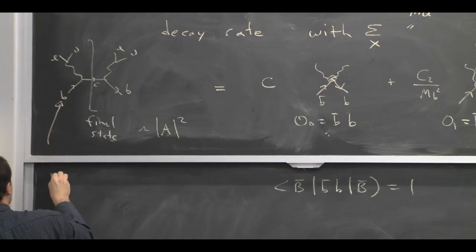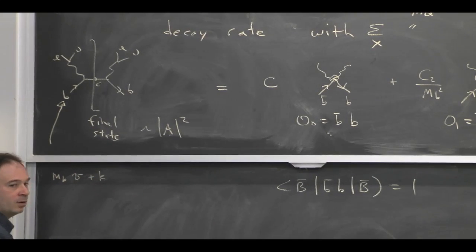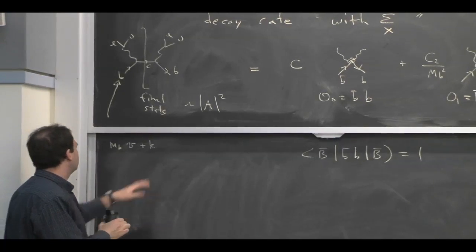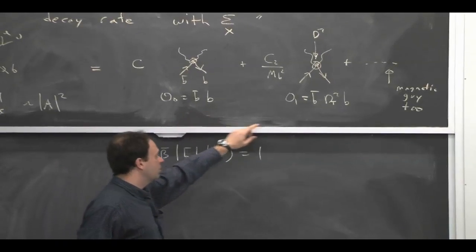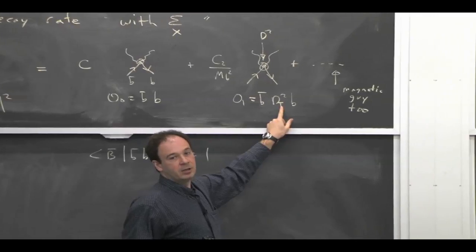You could write this guy's momentum as MBV plus K, all right? And you would expand in K. So at first order, you just drop all the Ks, and that's basically giving you this term. At second order, you'd keep the Ks, and the K squared would be identified with this DT squared.